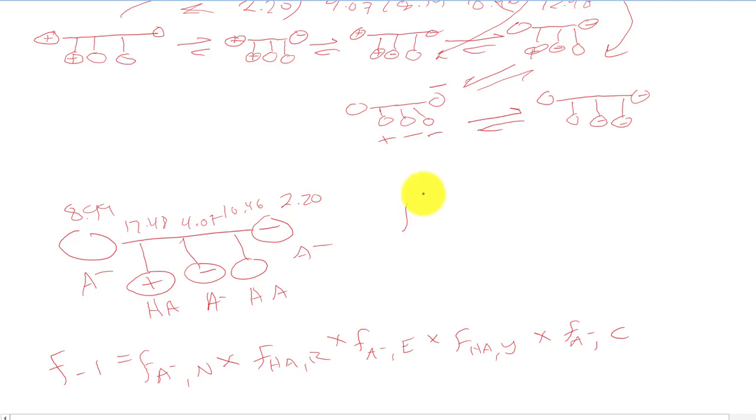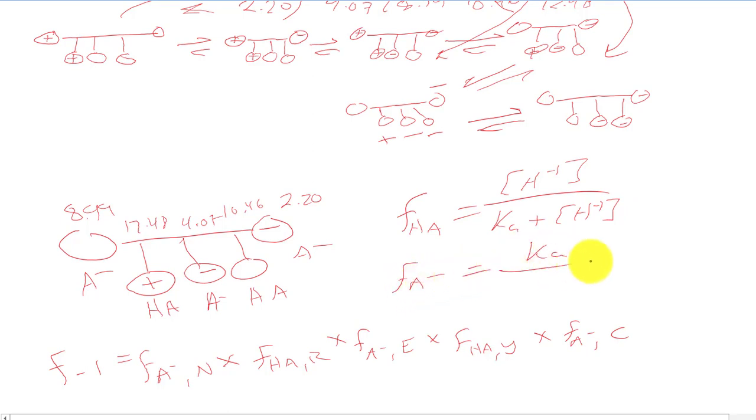And we would expand those. Recall that our equation for fraction protonated is the concentration of H plus over Ka plus H plus for each of the groups, and our fraction deprotonated could be 1 minus that, or it could be Ka over Ka plus H plus. So use those correctly. We would apply our deprotonated ones to these 3, and we would apply our protonated fraction equation to these 2. Multiply them all together, we get our fraction, and we're done.